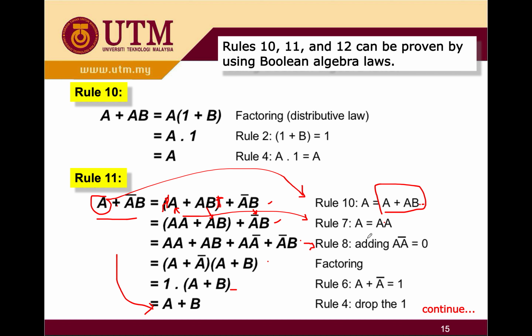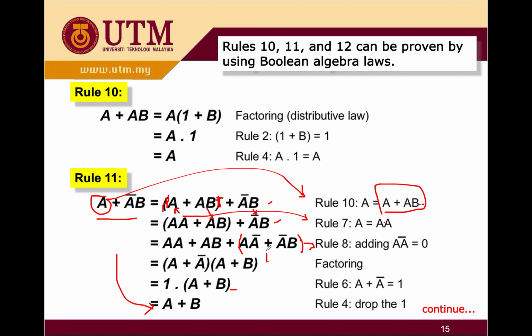Where is it? You can see over here, whenever you have A bar A plus AB, you already made it longer, because I think there is a mistake over here, it's not fully shown on this part. So maybe you can have a look into this.